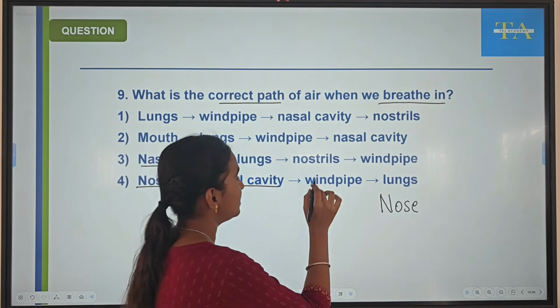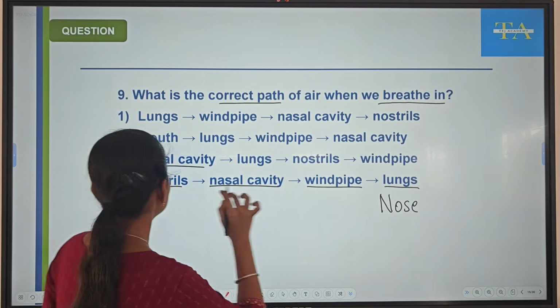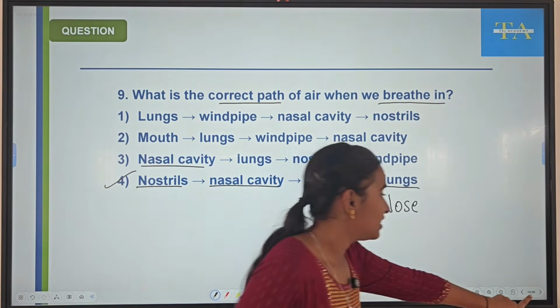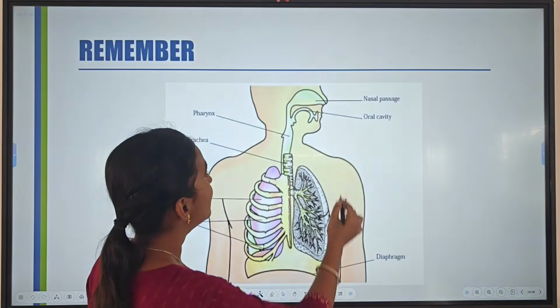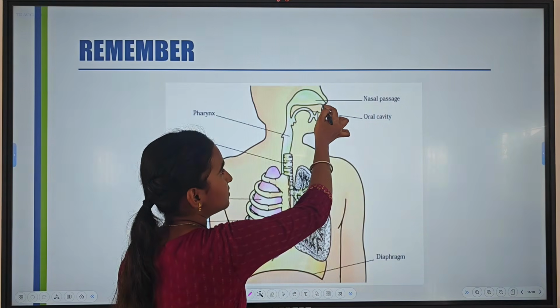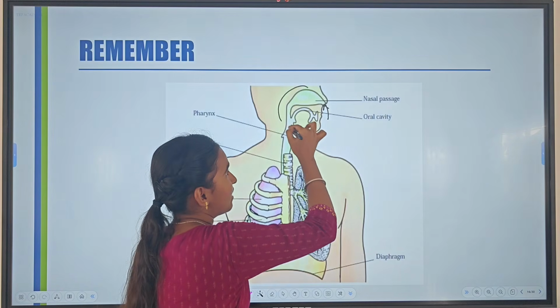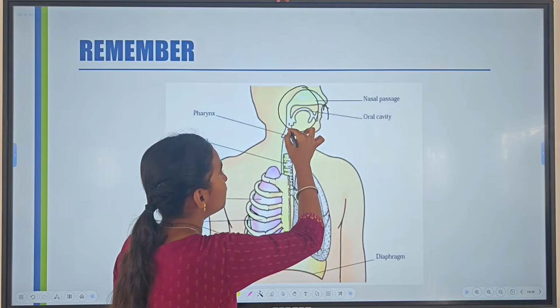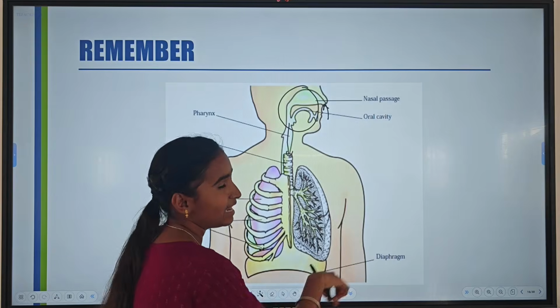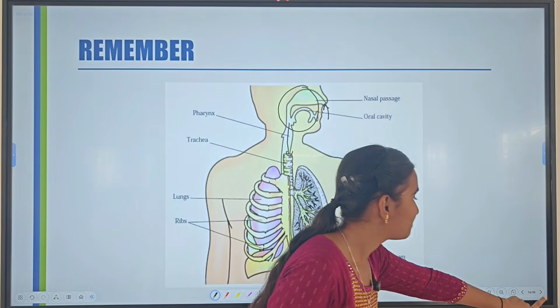After the nasal cavity, it reaches the lungs through the windpipe. So this is our right option. We inhale air through the nostrils, then air moves into the nasal cavity, then through the windpipe it reaches our lungs. This is the path of air when we inhale.